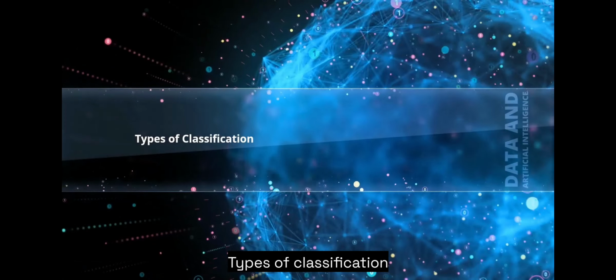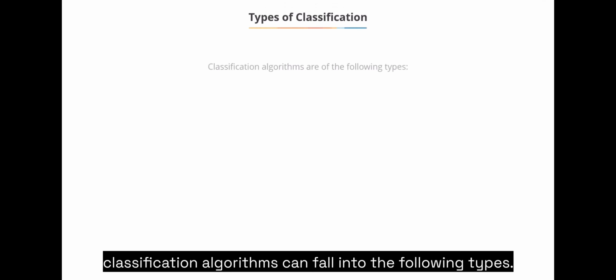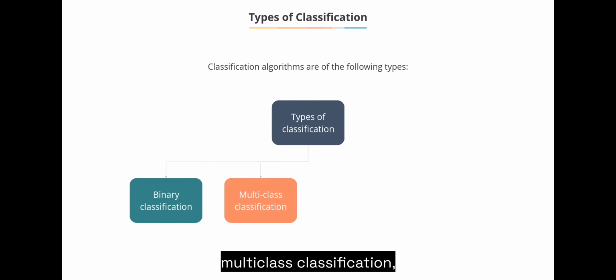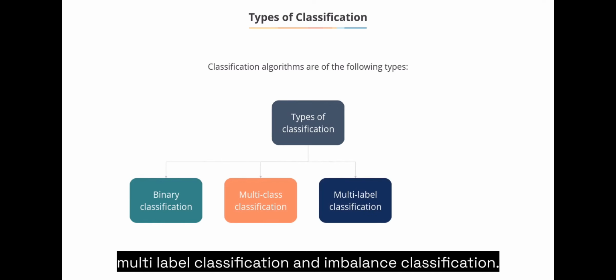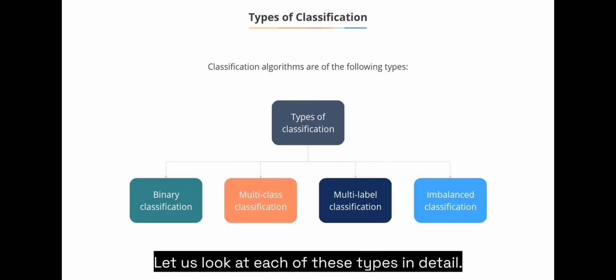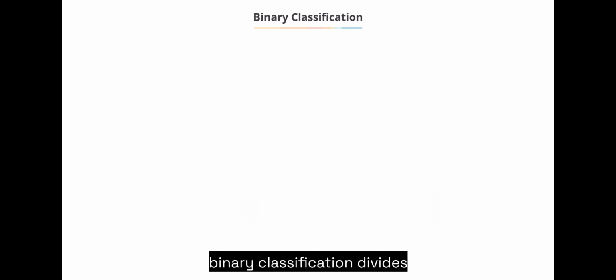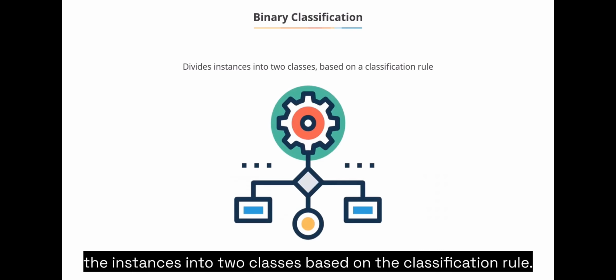Types of classification. Classification algorithms can fall into the following types: binary classification, multi-class classification, multi-label classification, and imbalance classification. Let us look at each of these types in detail. Binary classification. Binary classification divides the instances into two classes based on the classification rule.